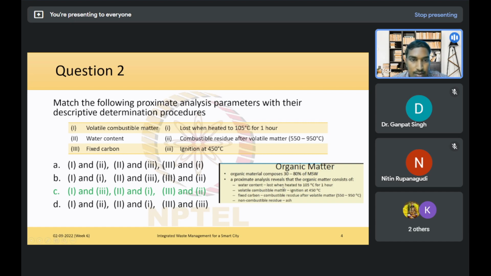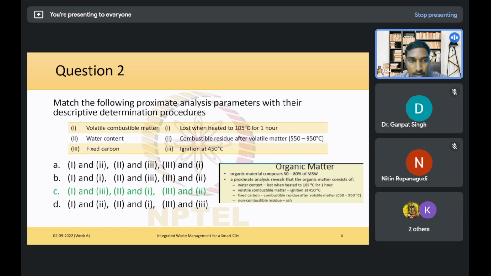The second one is the volatile combustible matter. Once we heat it to 450 degrees centigrade, whatever is the volatile matter will leave the waste. What we mean by fixed carbon is whatever is left there, whatever is not volatile.